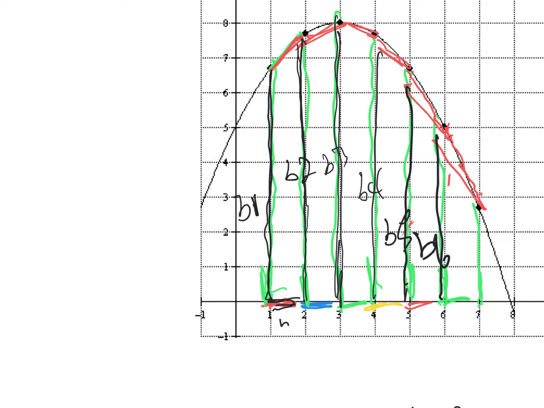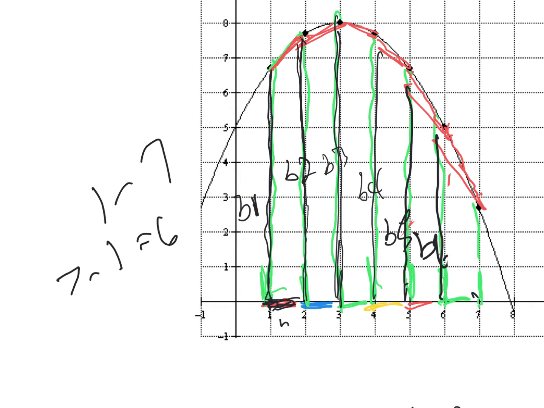Why is there 7? Well, you can tell by how many there's going to be. If I went from 1 to 7, think about it. From 1 to 7 means that 7 minus 1 is 6. That means there's going to be 6 trapezoids. B1, B2, B2, B3, B3, B4, B4, B5, B5, B6, B6, B7.